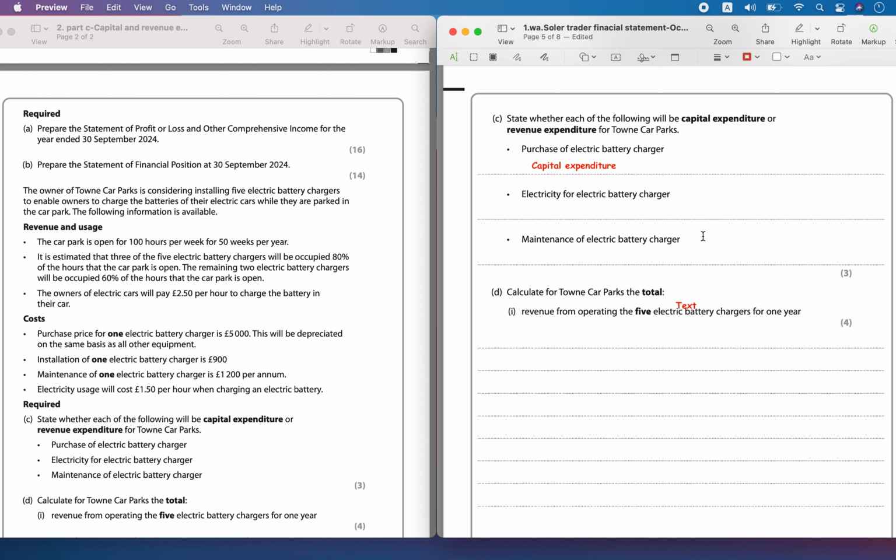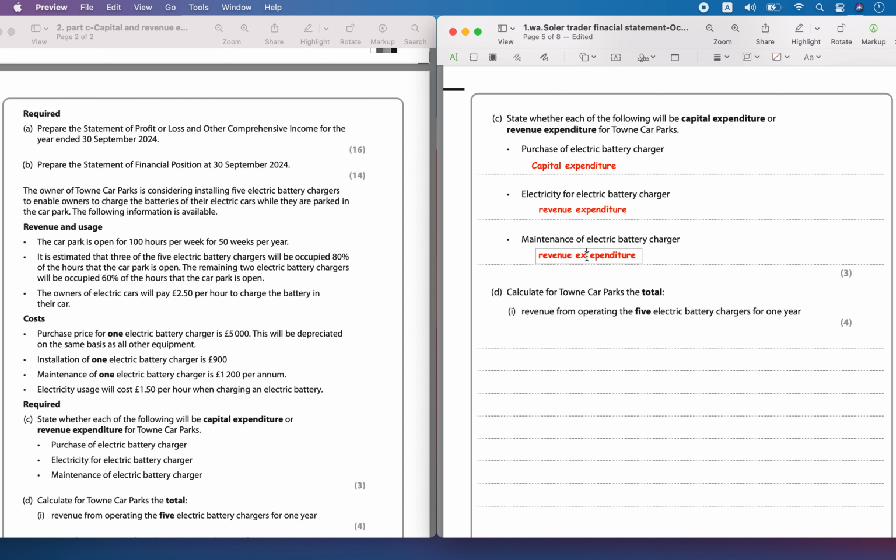I have to pay this month on month and this expense occurs every year, so it is a revenue expenditure. And then maintenance. I have to do repairs and maintenance every year, so this also becomes revenue expenditure.